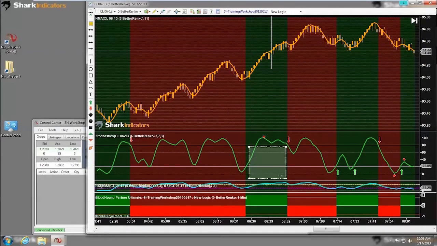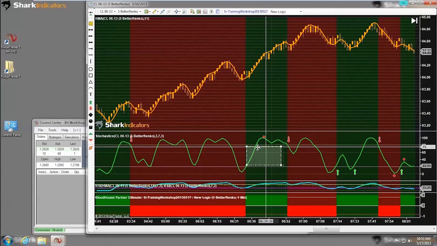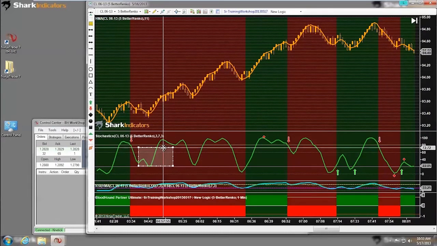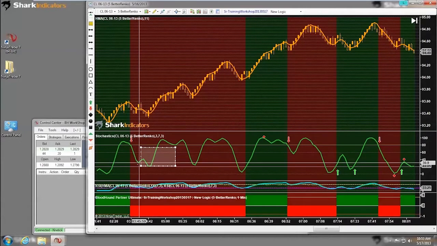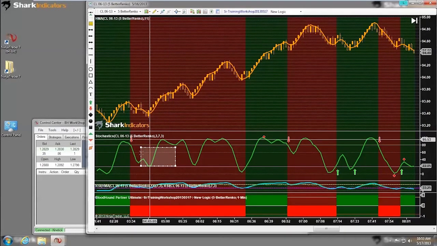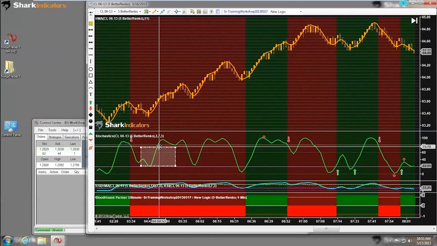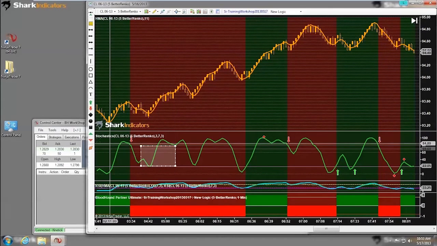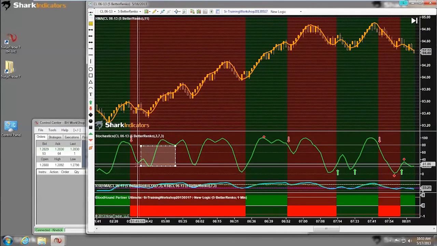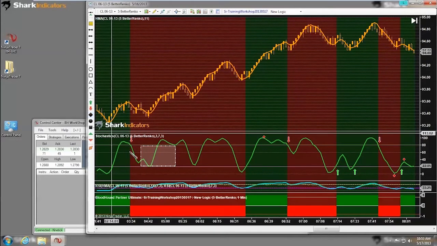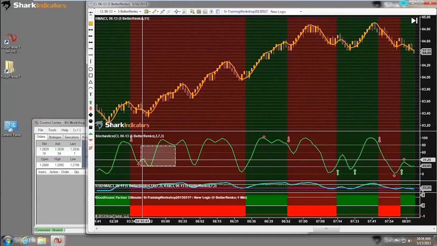What's going to be new in this workshop is using this no man's land here, so that in case we're in an uptrend, we can turn off this short bias and go back to a long bias. So we want to find this inflection point here, which is in no man's land, and use that to go back to a long bias.